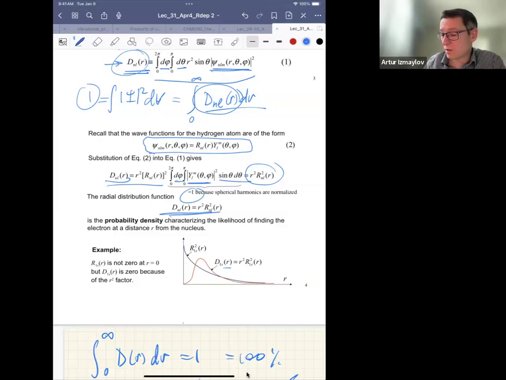And the difference between the probability density without this r squared and with r squared is that without r squared, the radial part of the eigenfunction just has the highest value at the start and then decays exponentially, as we saw. But with r squared, it corrects for the fact that even though the function is large close to the center, the volume element is infinitesimally small if r is close to 0.